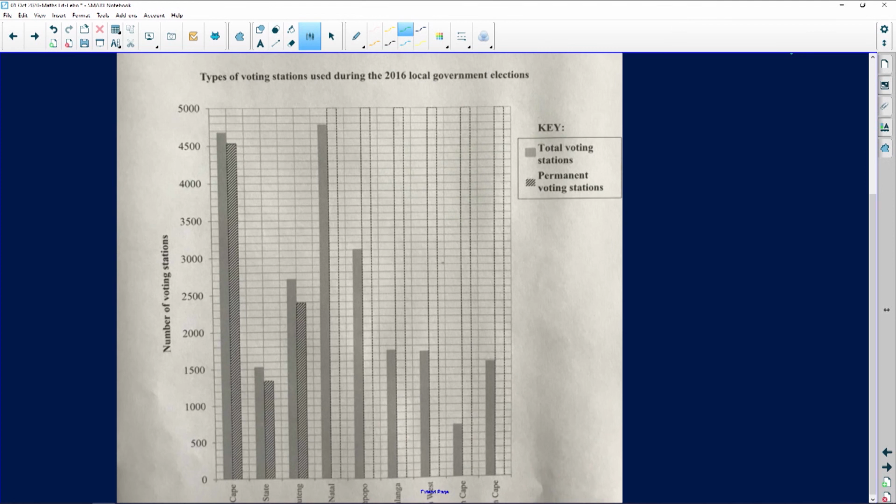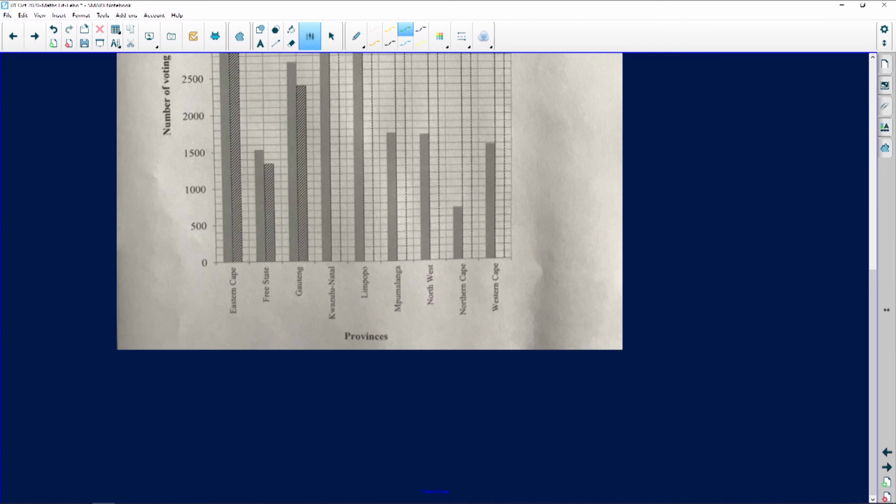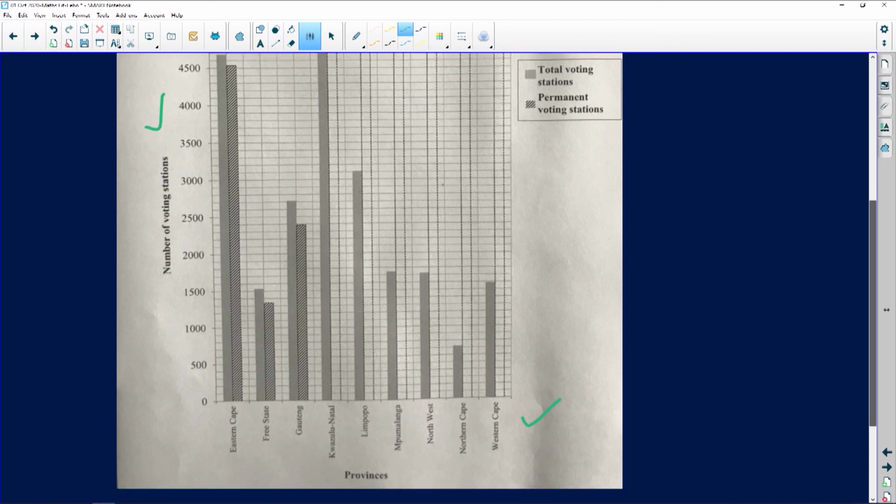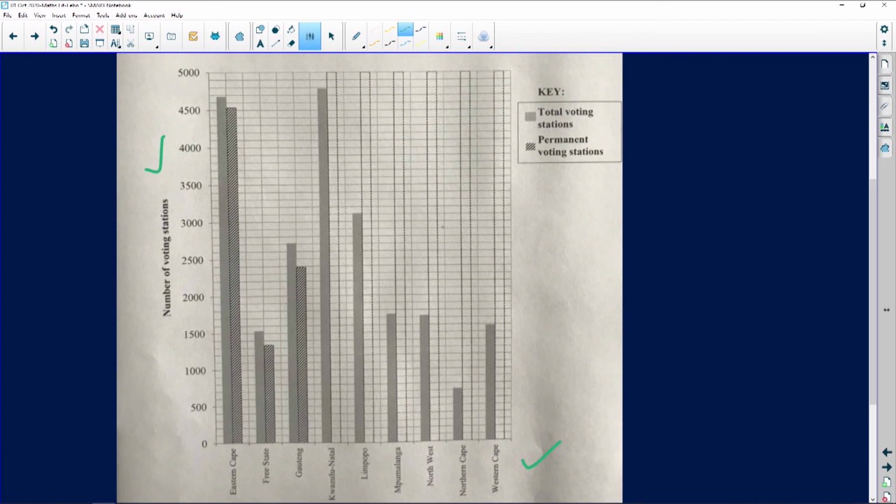We've got the provinces at the bottom and the number of voting stations. What they are asking is to draw whatever is remaining. You would take the numbers and plug them in and draw. In this case, you would be drawing the permanent voting stations.